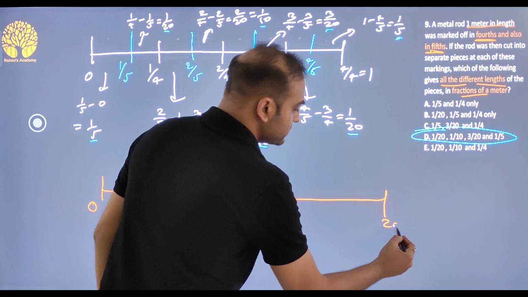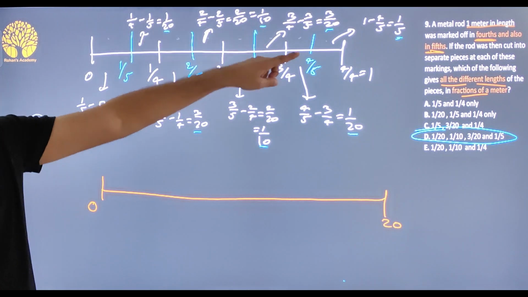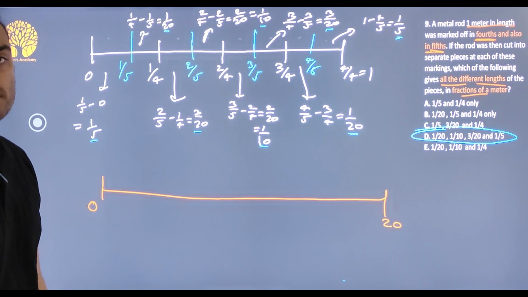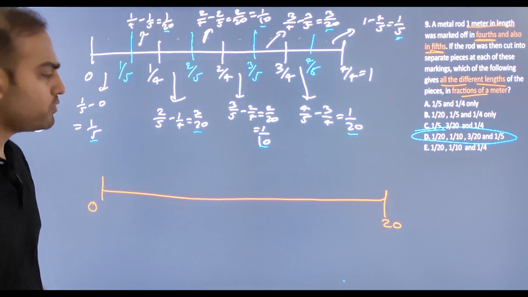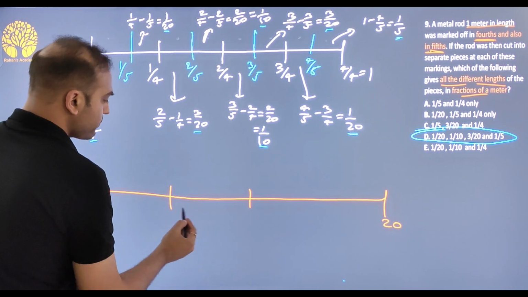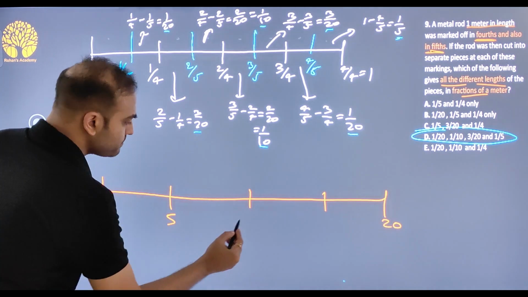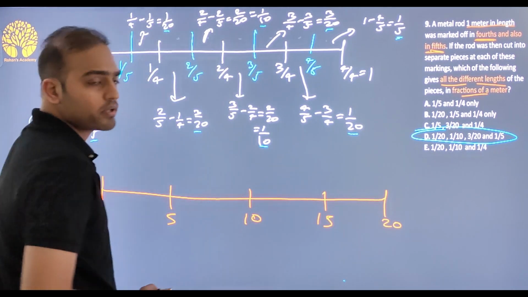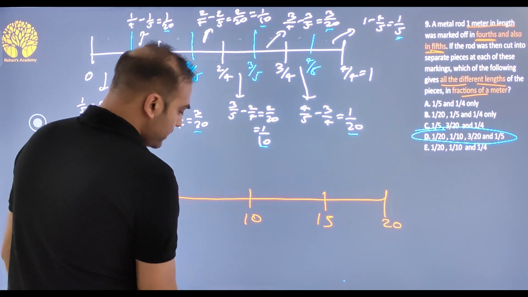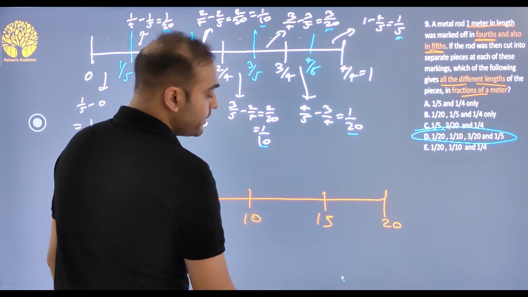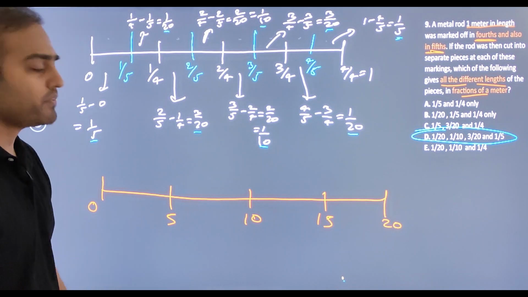This is 0, this is 20. Now when I break it into fourths, which is 1/4, you know those values. The values are 5, 10, and 15. Now if you want to break this further into fifths, fifths means 1/5.